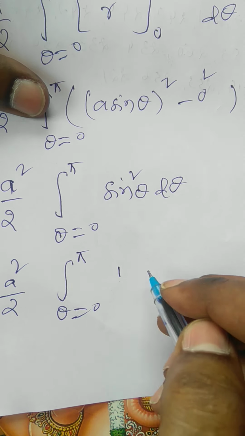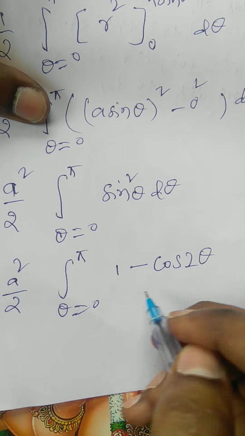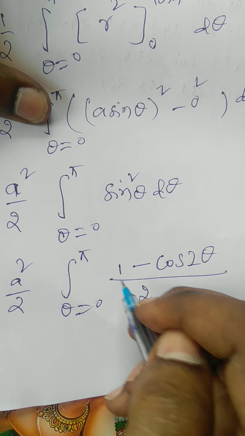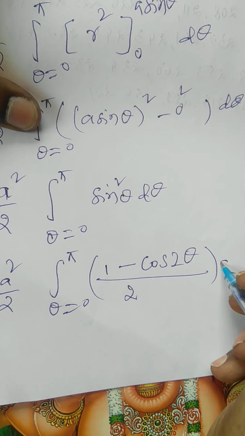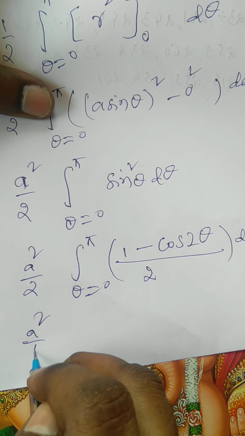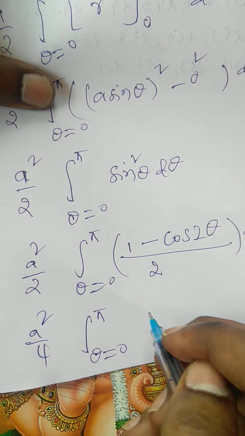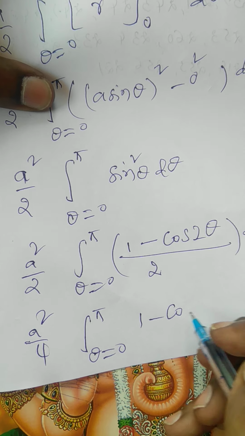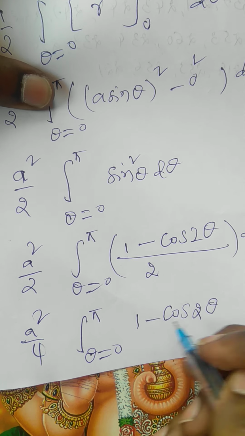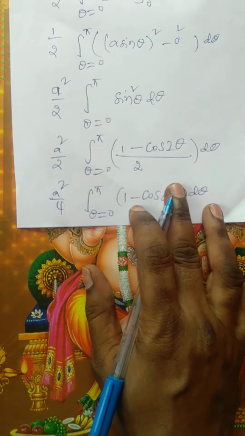We can write sin square theta as 1 minus cos 2 theta by 2, into d theta. You can take the 2 outside, which is better: a square by 4, integral theta equals 0 to pi, 1 minus cos 2 theta d theta. I'll continue this on the next page.